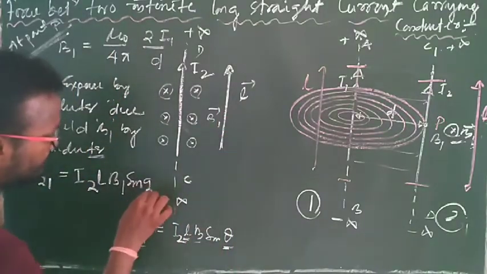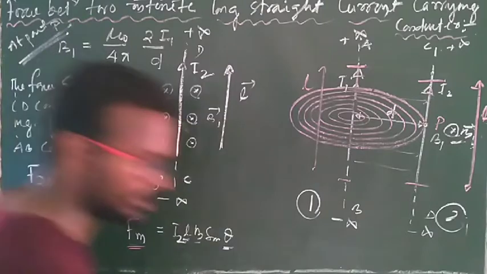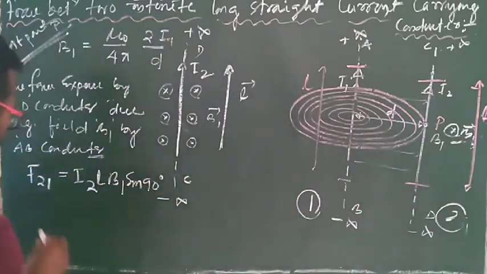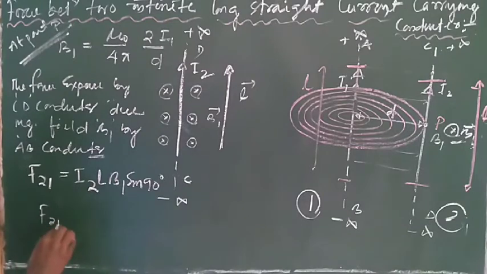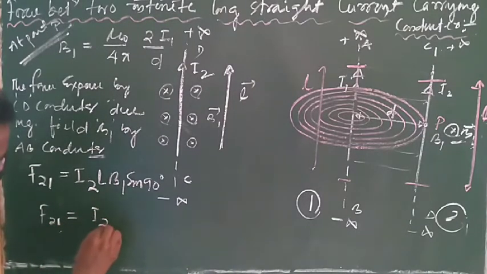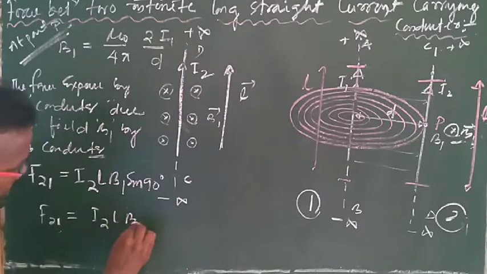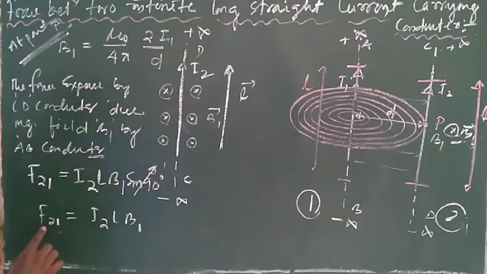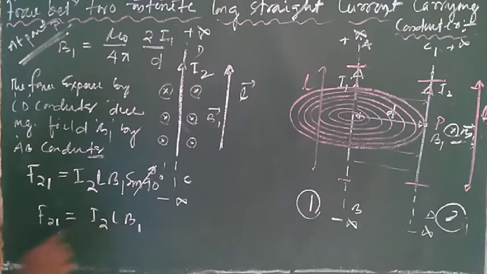So you can write sin 90. Clear? So F21 equal to I2 L B1 sin 90, equal to 1. Clear? F21 equal to I2 L B1.